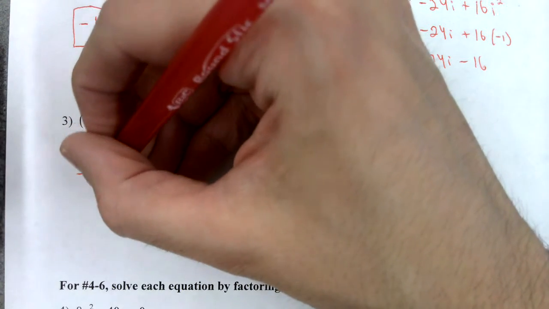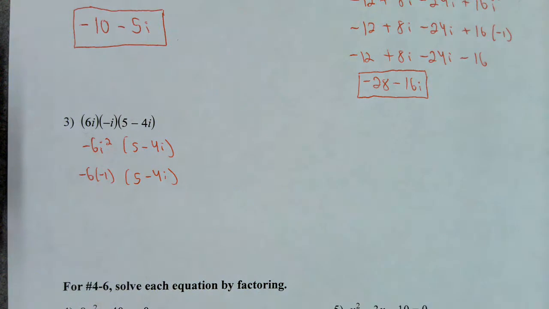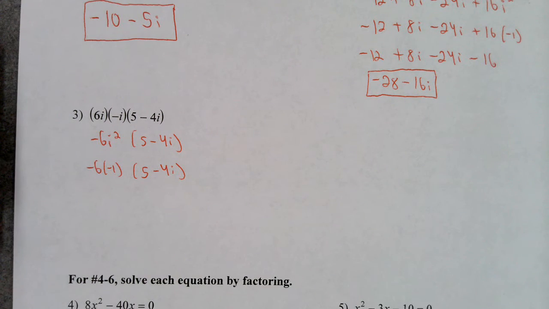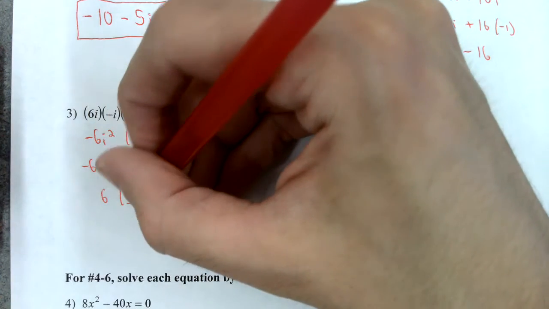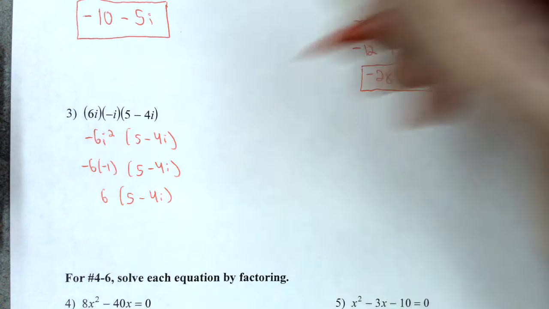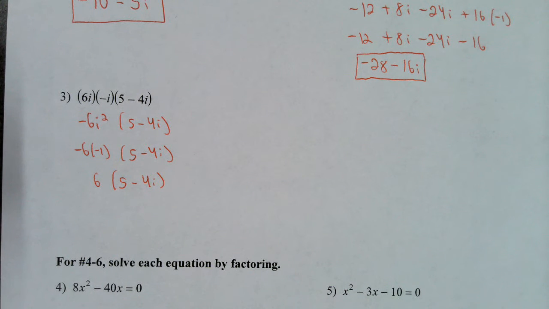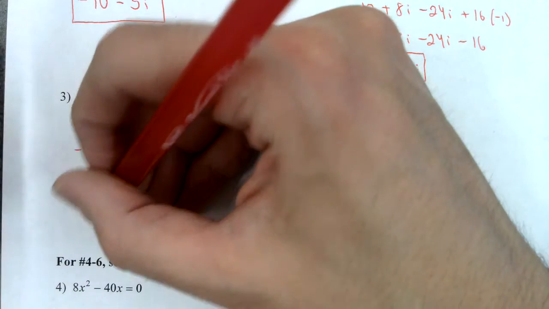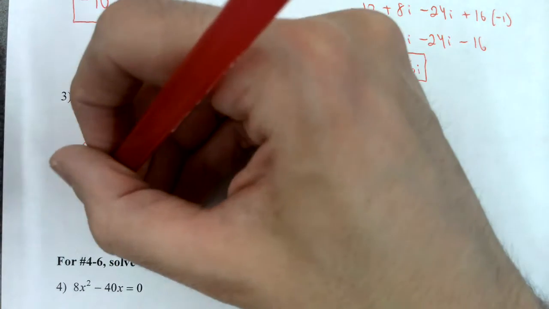So this is -6 times -1. -6 times -1 is 6. So it's 6 times 5 minus 4i. And now you're going to distribute. 6 times 5 is 30. And then 6 times -4i is minus 24i.